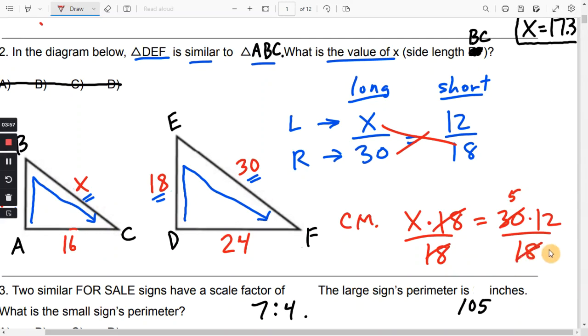Divided by 6, that's 3. 12 divided by 3 is 4. And 5 times 4 equals 20. So X equals 20. All right, I canceled because I did it manually. On the calculator, do 30 times 12 divided by 18. Make sure you practice on your calculator.